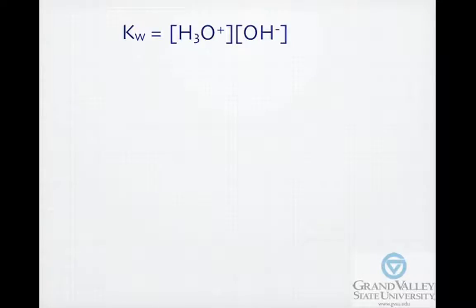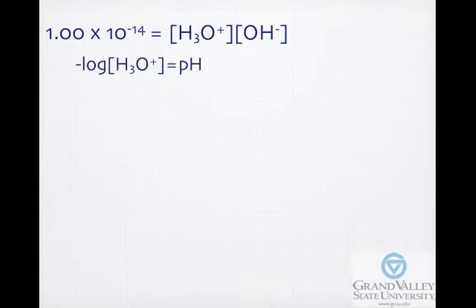We already established that the Kw is equal to the concentration of hydronium multiplied by the concentration of hydroxide, and at 25 degrees Celsius, the Kw is equal to 1.00 times 10 to the negative 14. We also know that by taking the negative log of the concentration of hydronium or the concentration of hydroxide, we get the pH or pOH respectively.